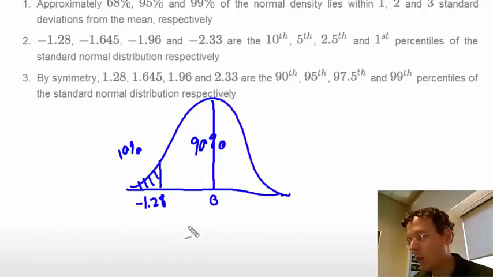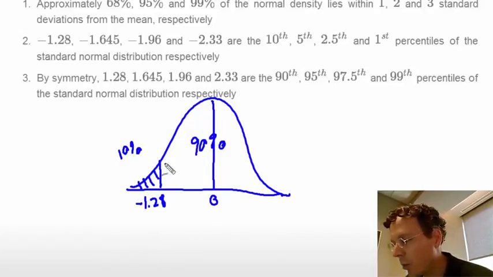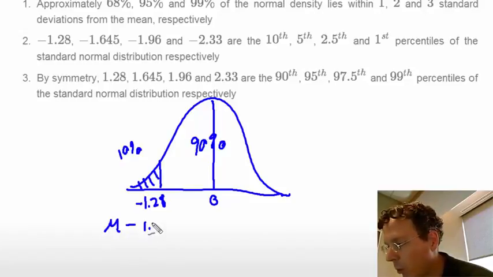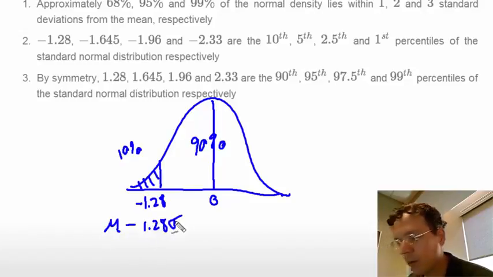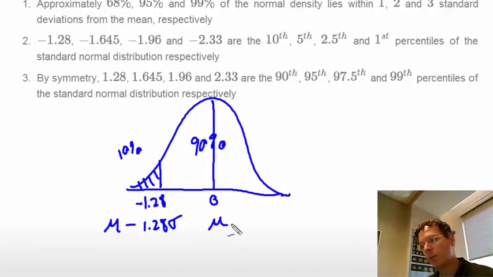Now, for a not necessarily standard normal, this point is not -1.28, it's mu minus 1.28 times sigma. And this point right here is mu. But then that would follow the same rule. 10% of this potentially non-standard normal distribution lies below the point mu minus 1.28 sigma.